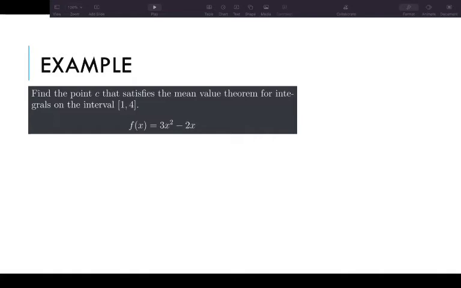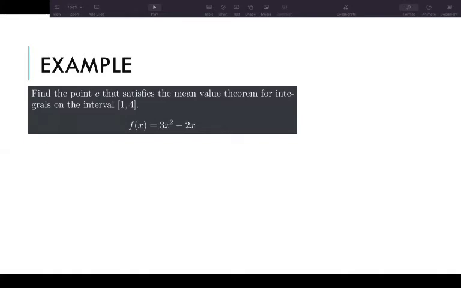So here is an example. Find the point c that satisfies the mean value theorem for integrals on the interval [1, 4]. So we need to find the point c that satisfies this theorem, right?